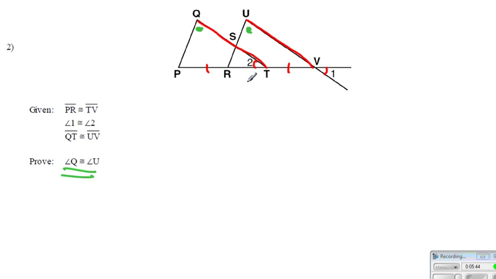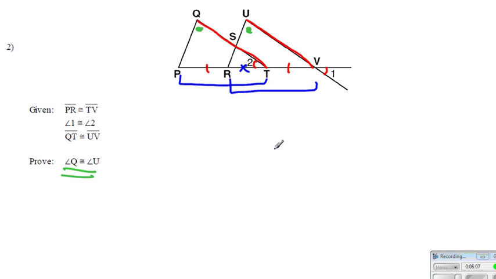Alright, so first we have one pair of sides given. The second pair of sides seems to be quite nice, except that we have this small portion common. So whenever we see overlapping triangles with common line segments, we can easily prove that the additions of those two pairs must be equal to each other.